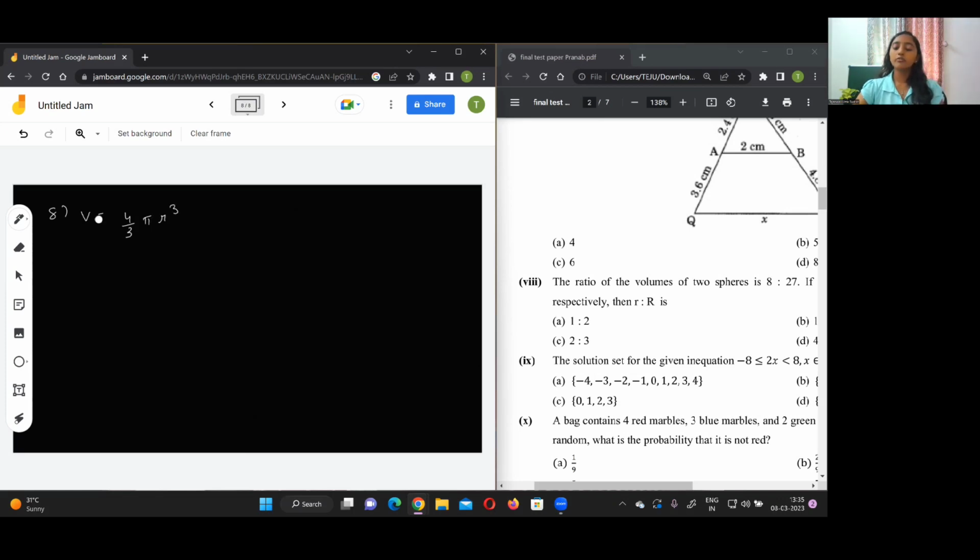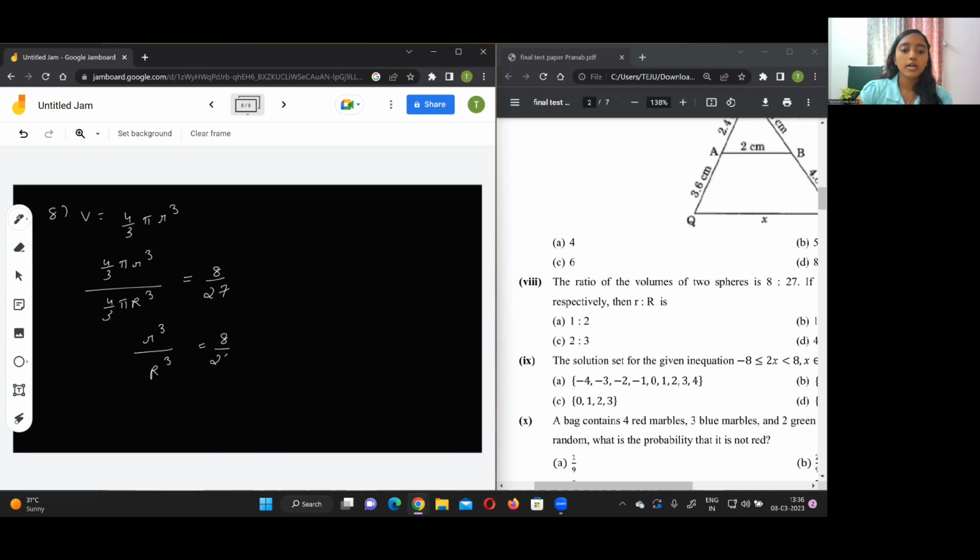They're asking r is to R. So 4/3 pi small r cube by 4/3 pi capital R cube is equal to 8/27. 4/3 gets cancelled, pi gets cancelled. So small r cube by capital R cube is equal to 8/27.